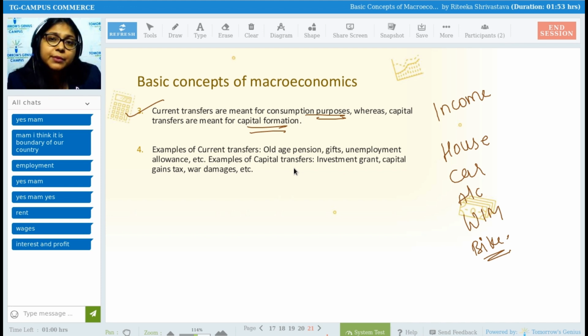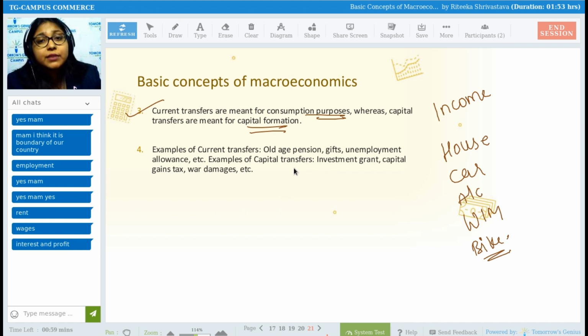So what do we come to know from this? Our regular consumption is done from current transfers, whereas if we want to do capital formation, if we want to purchase heavy capital, then we will have to take out our wealth or savings. That means our capital transfers.